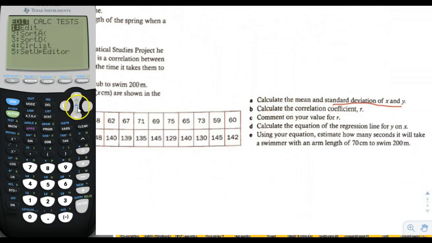You would see that if you do a stat calc 2-var stats, and we've already looked at the x bar and the y bar values, but we're also going to see that there is a standard deviation x and a standard deviation y. Okay, so you can find those two to put in for here.